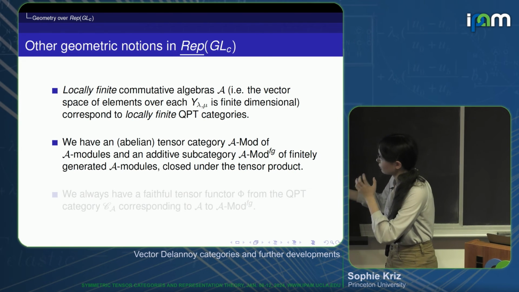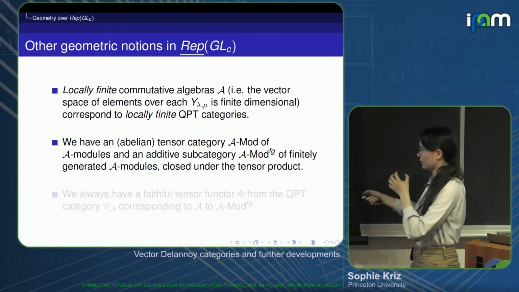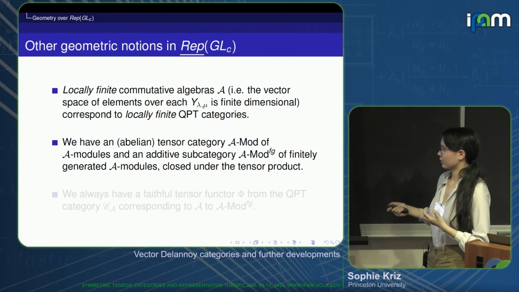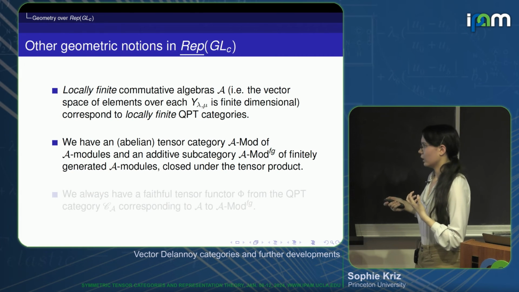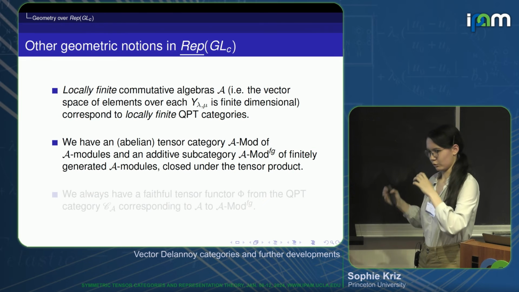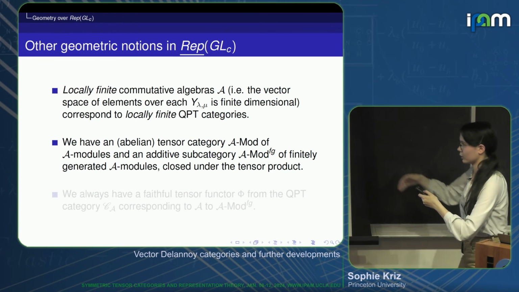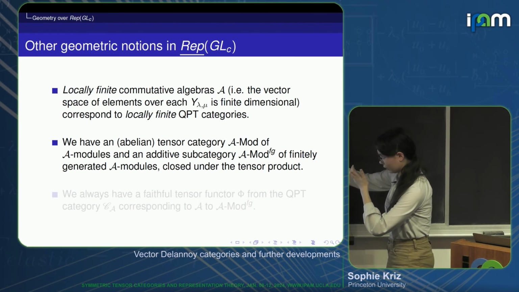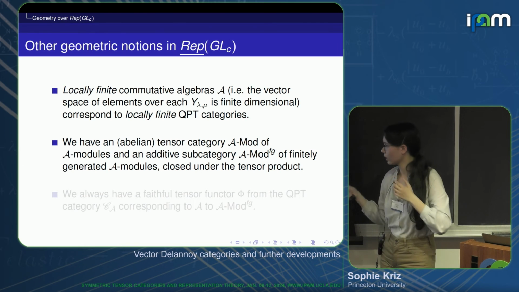And another thing we can do is consider this abelian tensor category. If A is a Rep of GL_C algebra, I look at A-modules in Rep of GL_C, which is an abelian category, and I can consider the additive subcategory of finitely generated A-modules, by which I mean they are quotients of some direct sum of A tensor Y_{lambda mu}, closed under the tensor product.